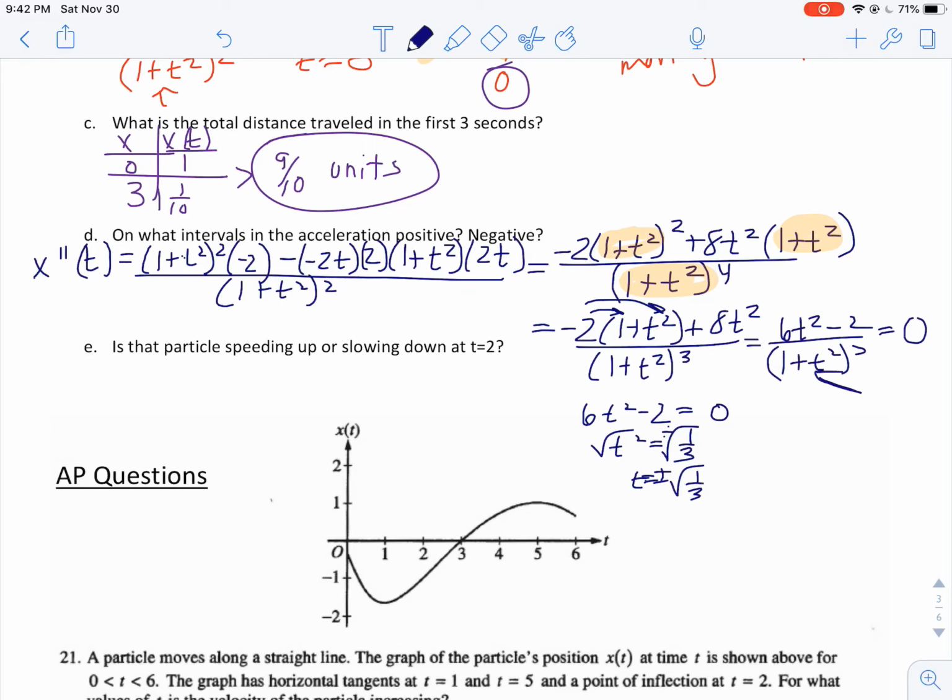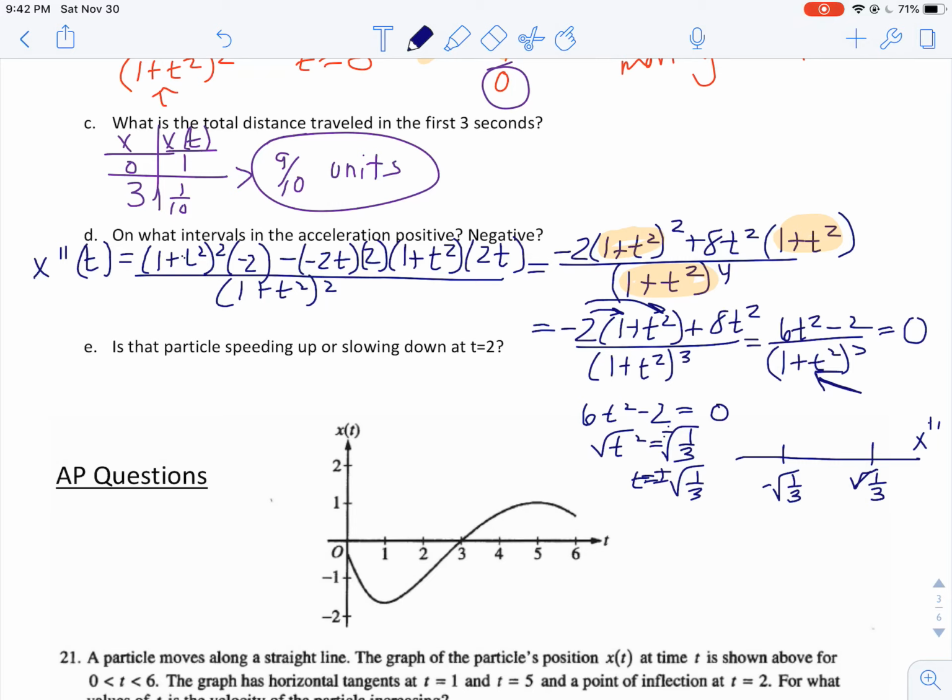This one, again, is the same thing as last time. We're never going to get a 0 in our denominator. So what we're going to do is make our sign chart. This is x double prime. Negative radical 1/3, positive radical 1/3.